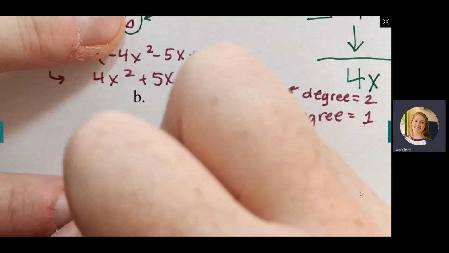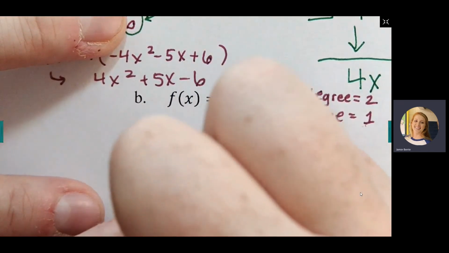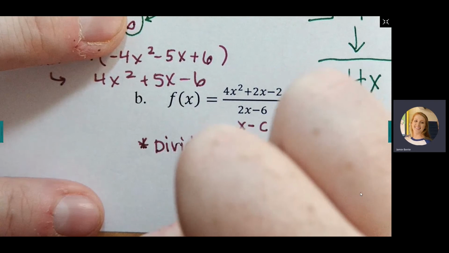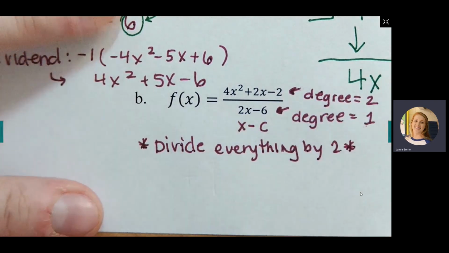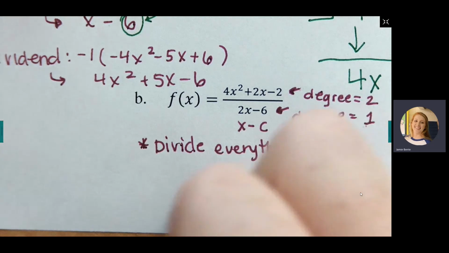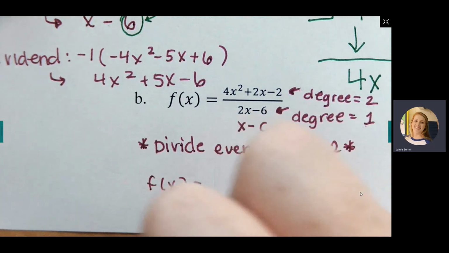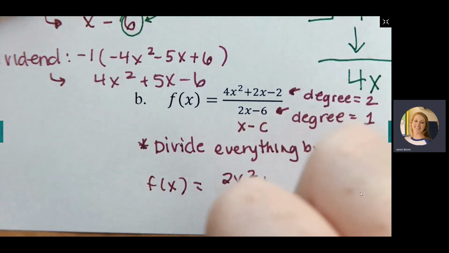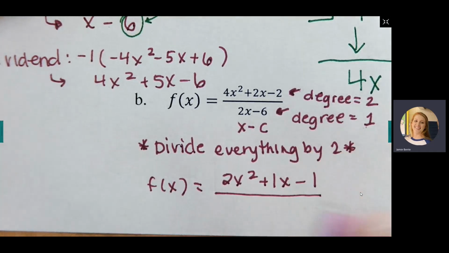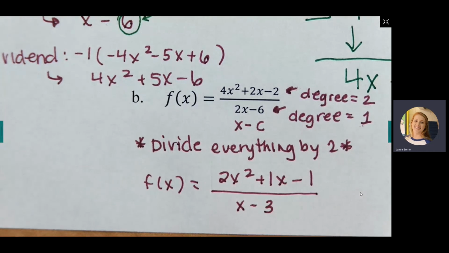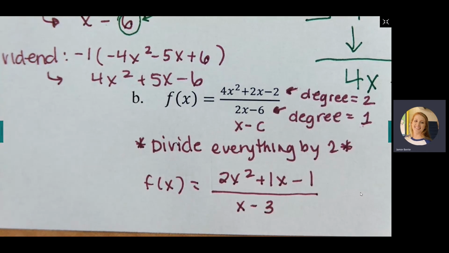So we'll just put here, divide everything by 2. All right, so that's going to give you 2x squared plus 1x minus 1 over x minus 3.